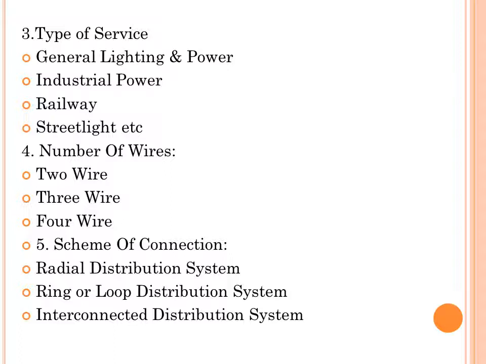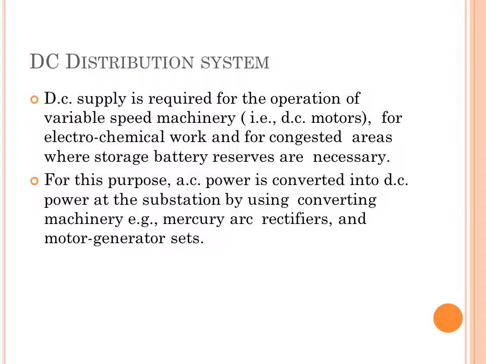Then we have scheme of connections, that is radial distribution systems, ring or loop distribution systems, interconnected distribution systems. Then we will see DC distribution system.